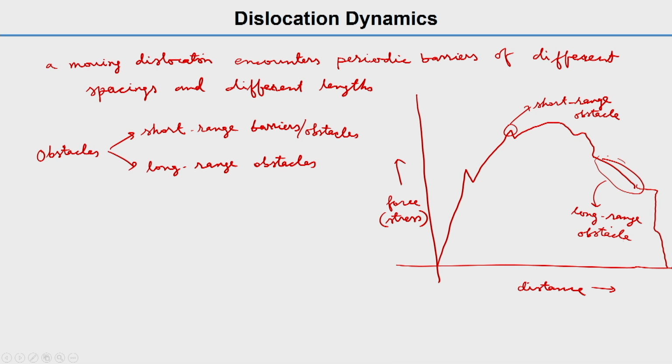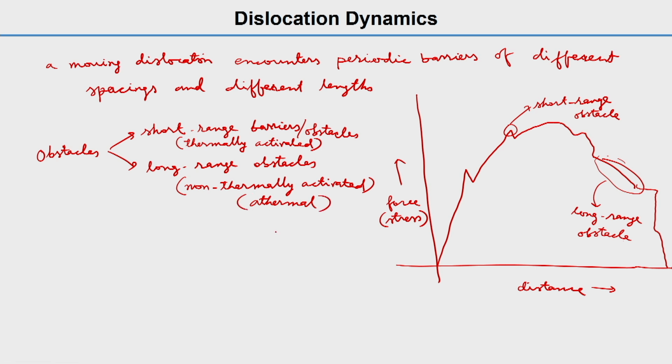Important to note that the short range obstacles, which are smaller and narrower barriers, can be thermally activated. With the help of thermal energy, the dislocation can cross these barriers, and the other barriers, the long range barriers, are called non-thermally activated, or athermal barriers.